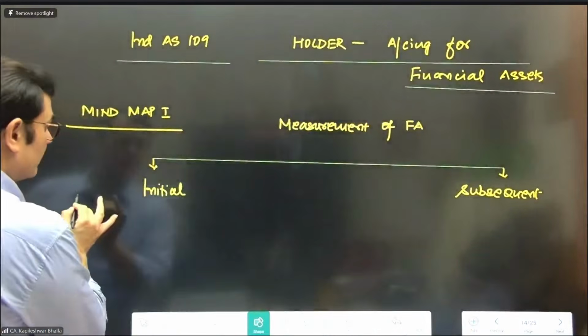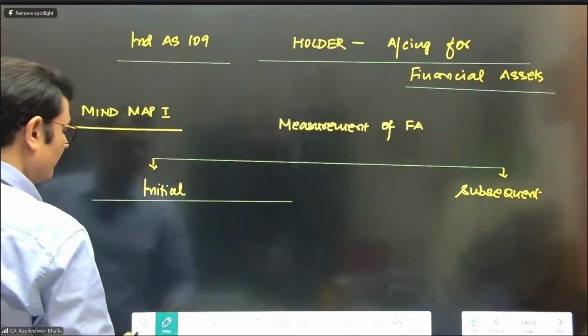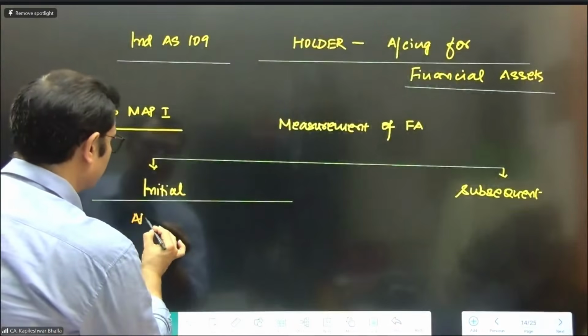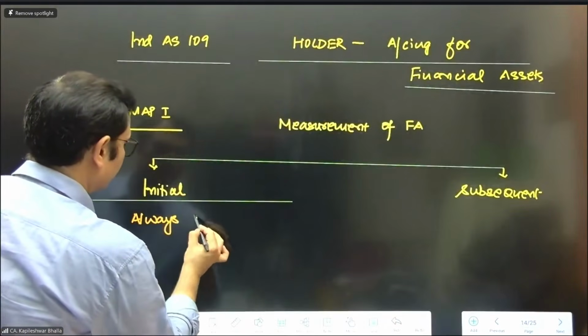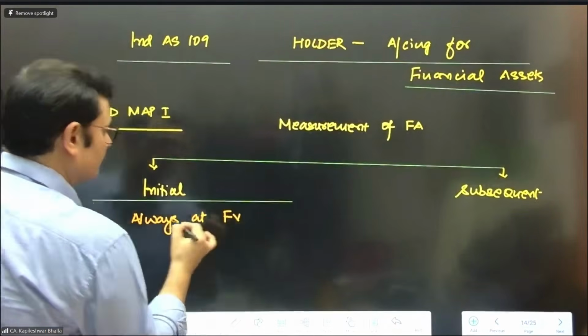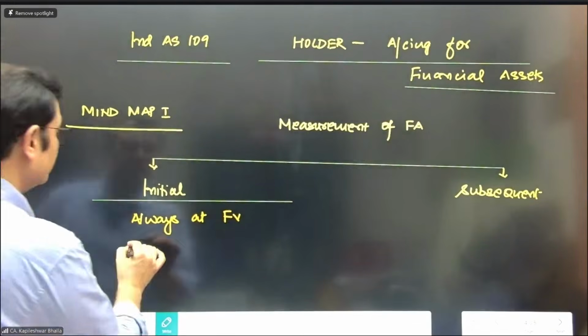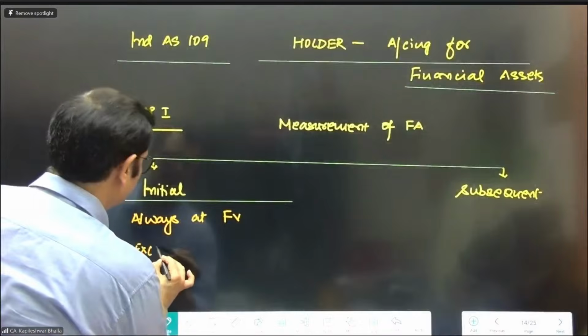So immediately what comes to the mind is that the initial recognition of the financial assets is always at fair value. Of course, we'll talk about the transaction cost separately, but this is always done at fair value with the two exceptions which you need to keep in mind.